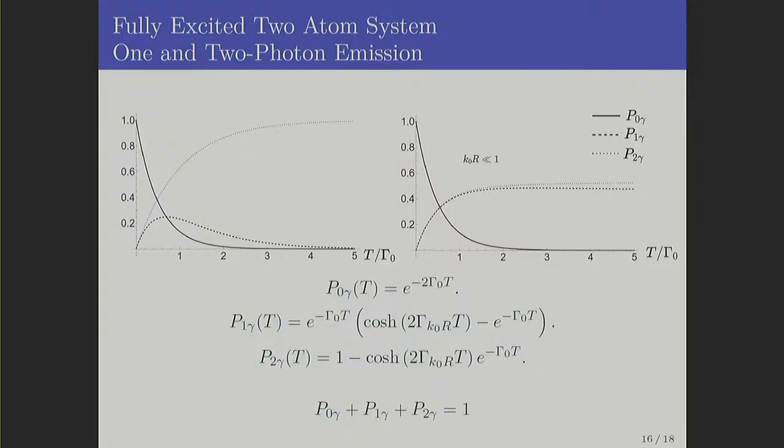So it shows that the cooperative phenomena enlarge the coherence times of the system due to the dipole-dipole interaction. Okay, and at any time we can demonstrate that the sum of the probabilities of emitting one photon or two is equal to 1, so this preserves unitarity.